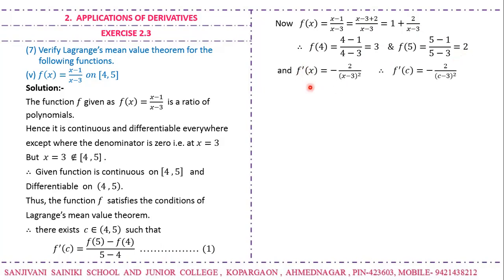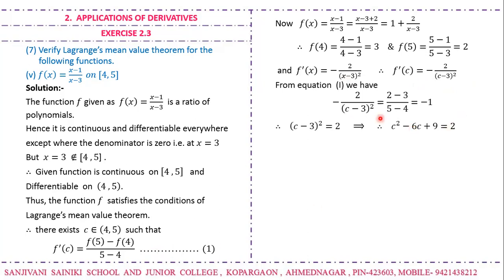Now the derivative of 1 is 0 and the derivative of 1 upon x is minus 1 upon x square. So for this I have simplified this. Instead, if I had not simplified this, then I would have to use the quotient rule to find the derivative of this function. So using this equation number 1, put those values and simplify.